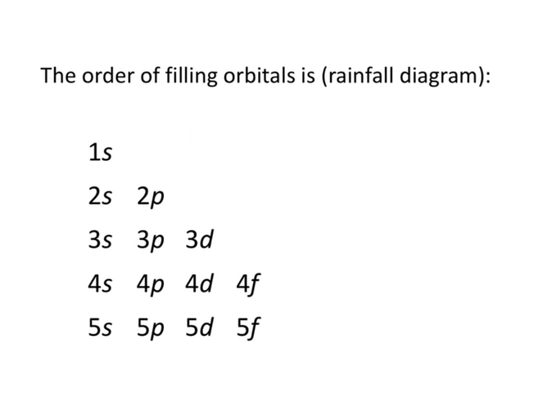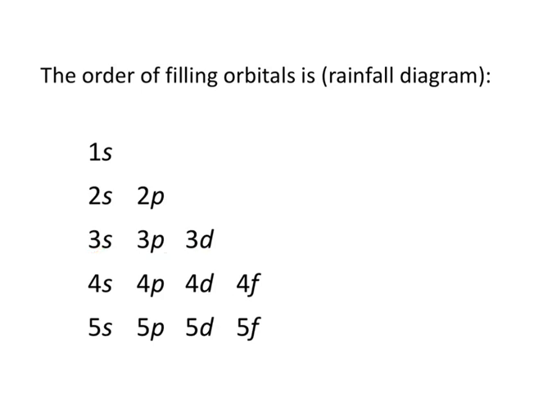This diagram can also be used to determine the energy level of the orbitals. To construct this diagram, begin with the first energy level, which has only one orbital, 1s. And then the second energy level has 2 orbitals, 2s and 2p. The third energy level has 3 orbitals, 3s, 3p, and 3d.